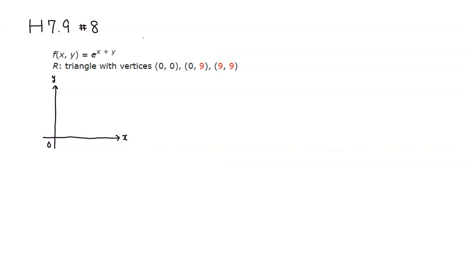All right, so let's sketch the region. (0, 0) is right here. And for (0, 9), I'll put the 9 over here, and the point will be right there. And for (9, 9), I'll put the 9 here, and 9 is there, so the third vertex would be right there.